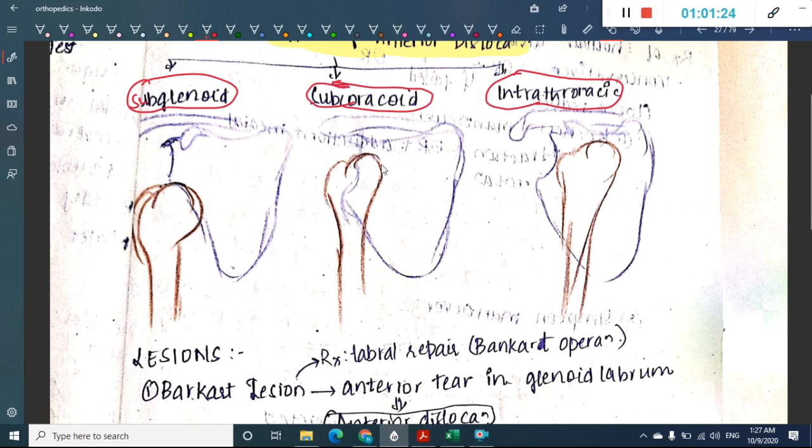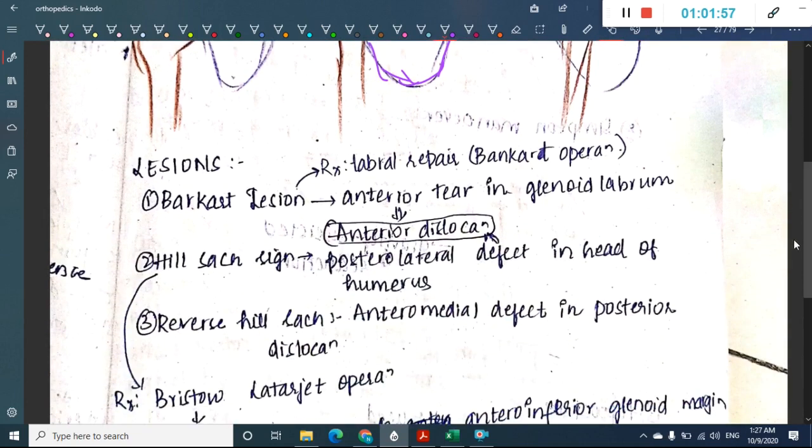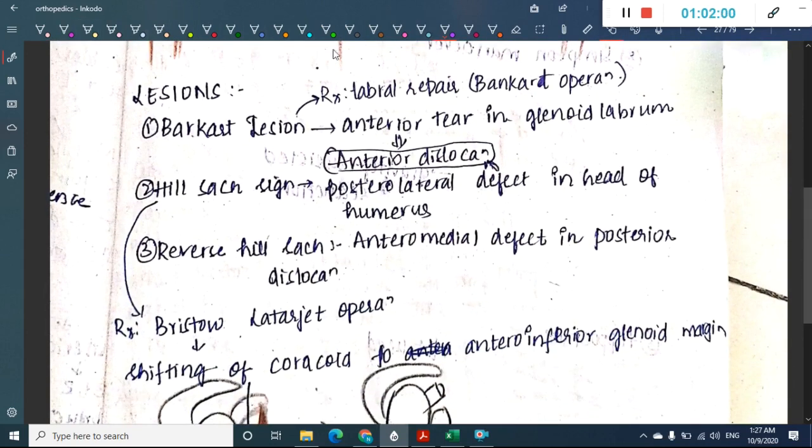Here the dislocated head is present below the coracoid, and that is the reason why we call this subcoracoid. And in intrathoracic it is present a little medially. Now let us learn about the lesions of anterior dislocation of the shoulder.